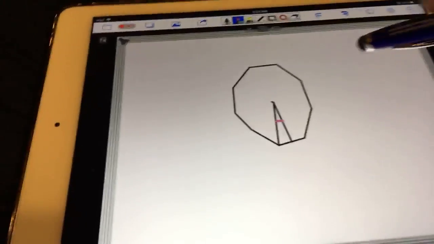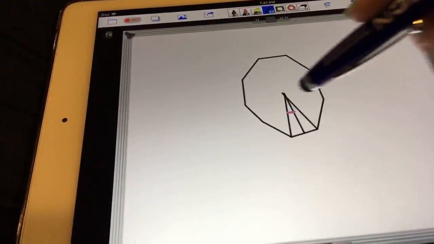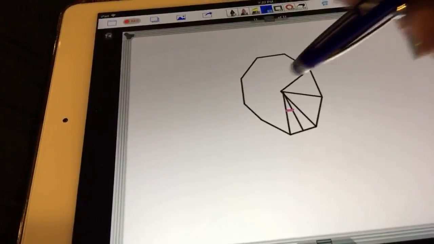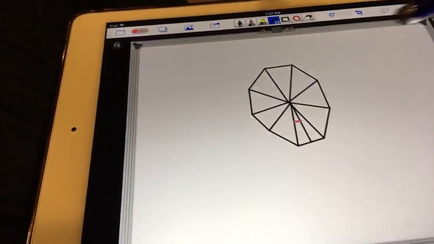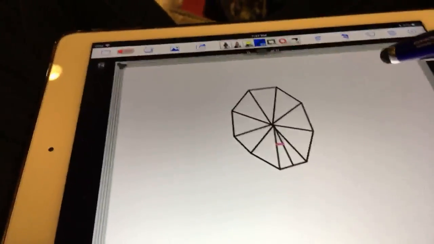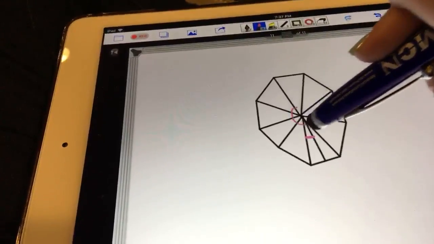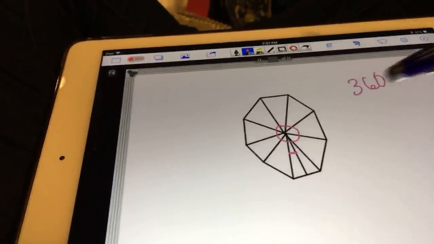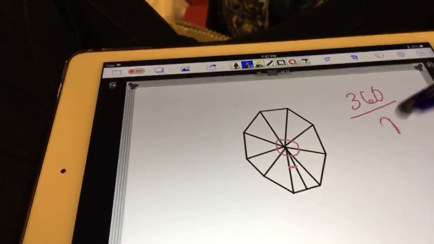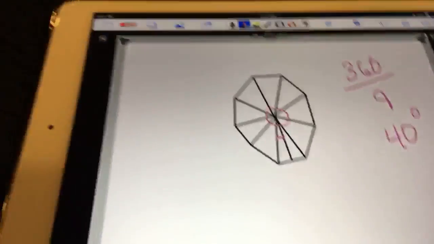So, if I've drawn all of these isosceles triangles, and all of these segments I'm drawing, those are radii of this regular polygon, okay? So all of these angles together have to add up to 360. So when I divide that by 9 of them, because that's how many there are, we get 40 degrees.